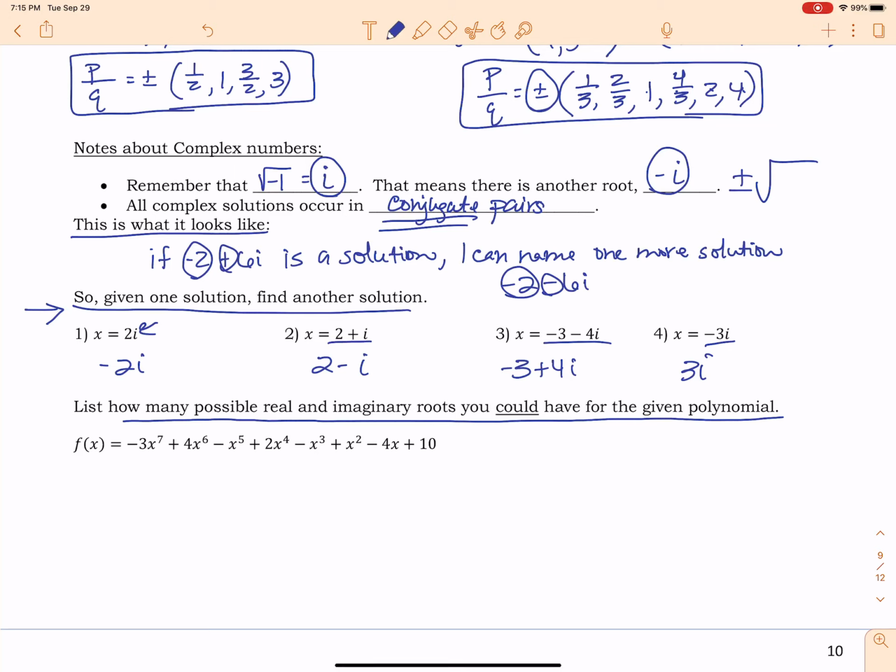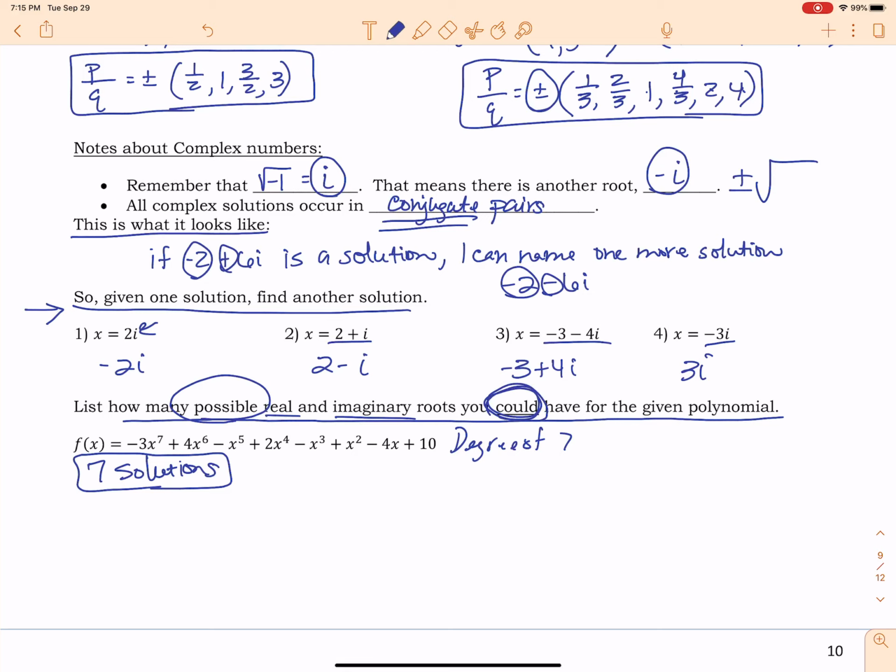All right, I want you to notice that this polynomial has a degree of 7. This means that there are 7 solutions total. Now, some of those solutions could be real numbers, some of them could be imaginary numbers. We're not sure, but I am going to list how many possible real and imaginary roots we could have.